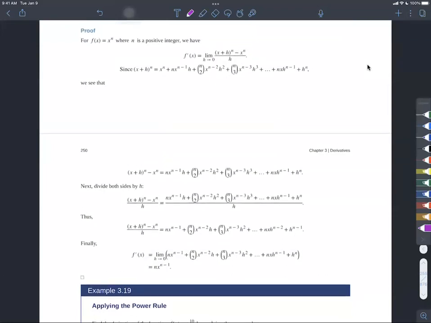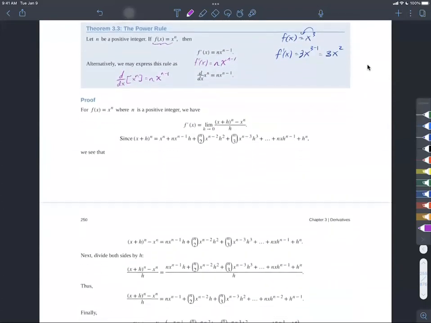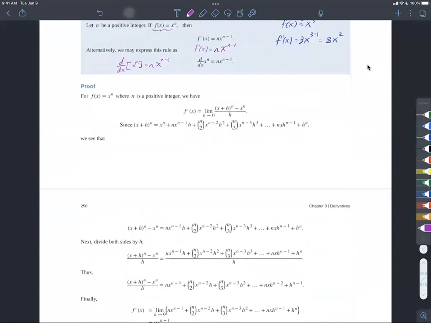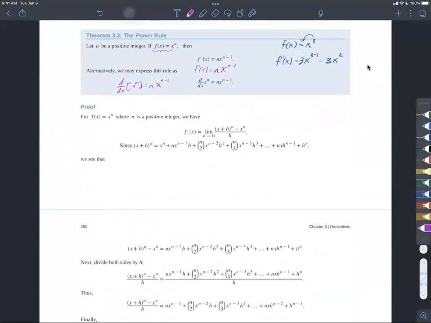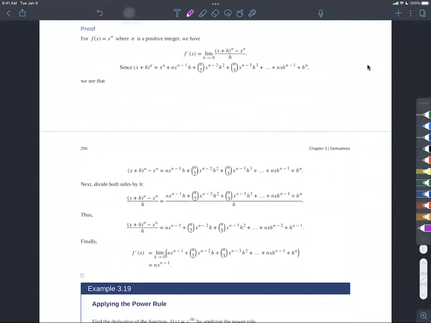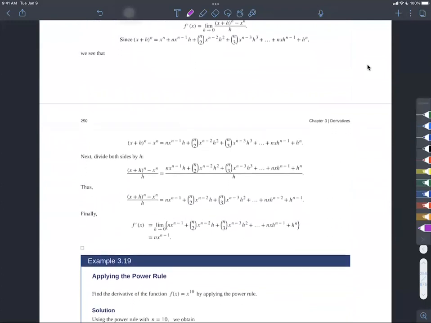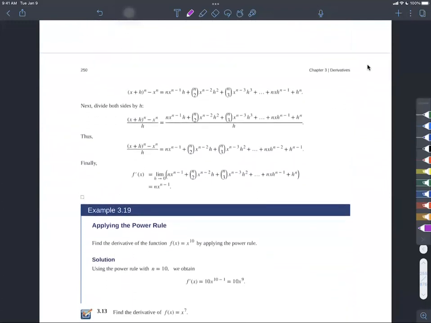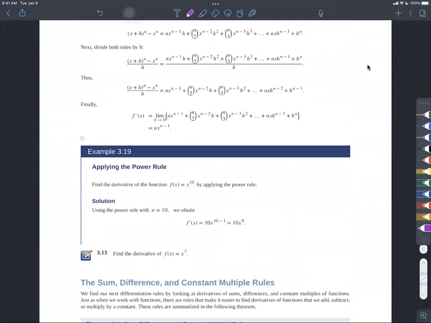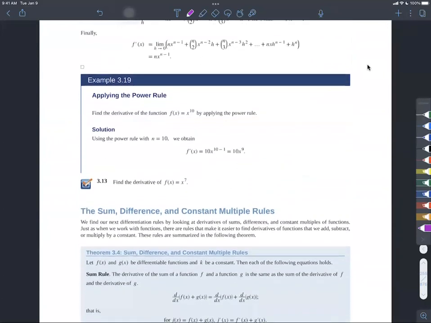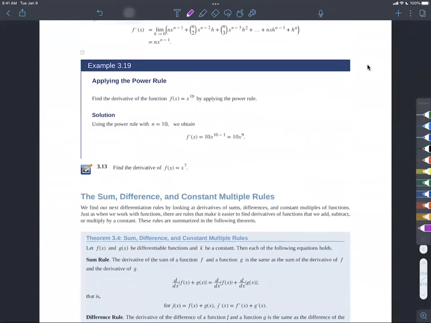We'll skip this proof here, but I'm sure most everybody will just believe that this is true, that it can be proven. And if you'd like to go over the proof, feel free to visit me during my office hours. Okay, so yes, it can be proven. It does work.